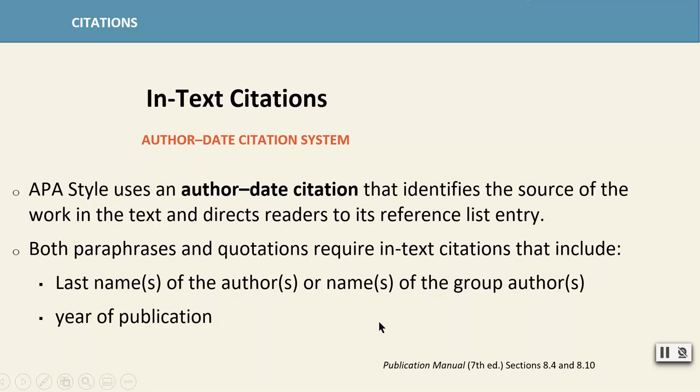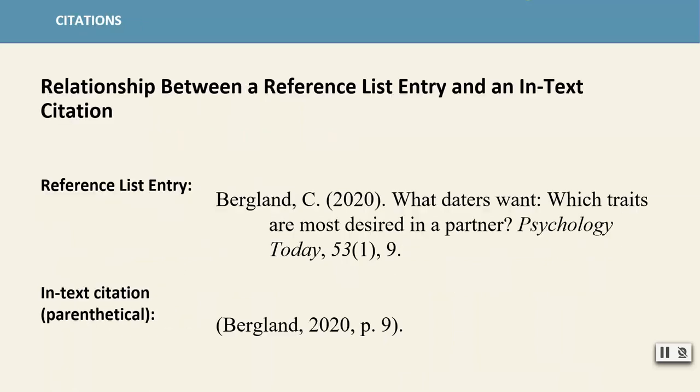Again, I refer you to the guide that we looked at briefly and that hopefully you bookmarked, because you will have these questions. The relationship between a reference list entry, that is a citation on your references page, and the in-text citation that is inside your paper.